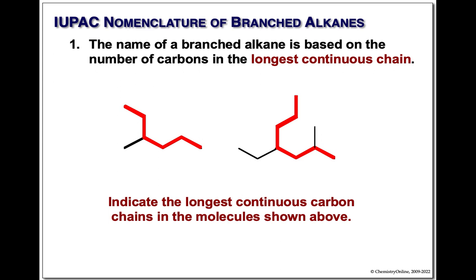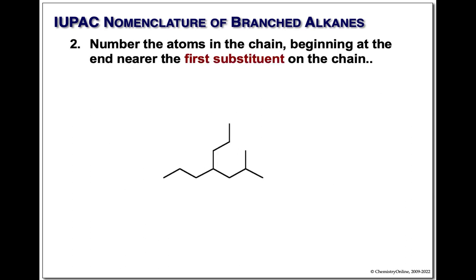Once we have identified the longest continuous chain of carbon atoms, we need to come up with a name. We're going to number beginning at the end that is closest to the first substituent on the chain. Now that's a branch, okay? If we started here, if that was carbon 1, our first branch would be carbon 4. If we start here, our first branch is at carbon 2.